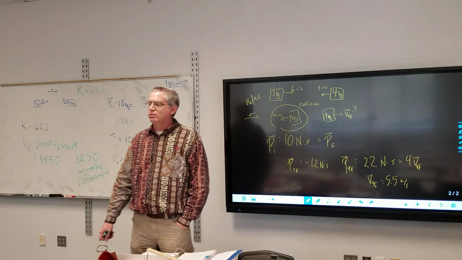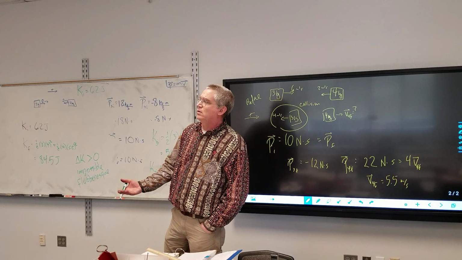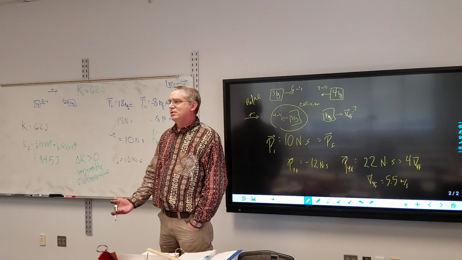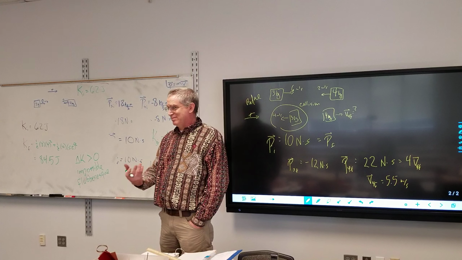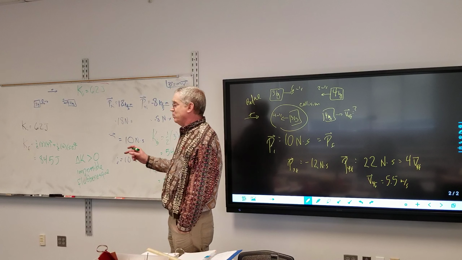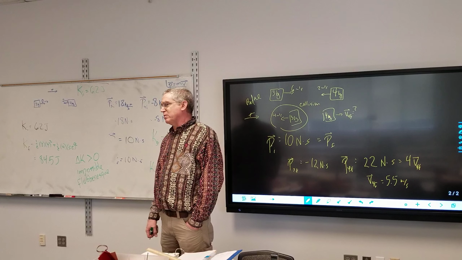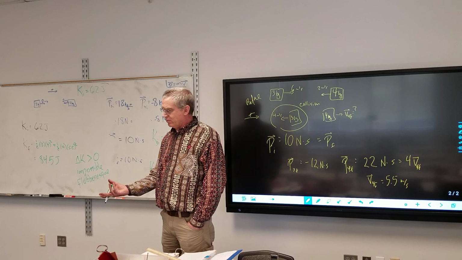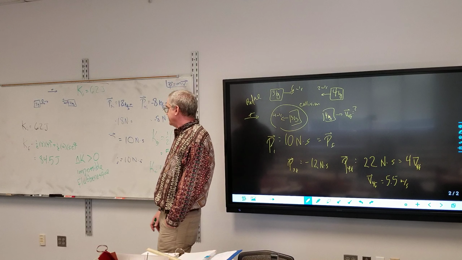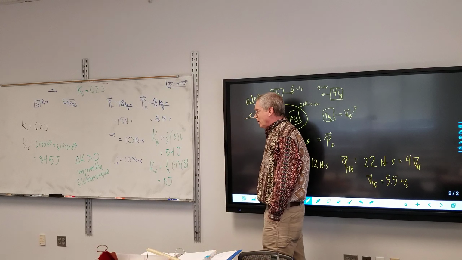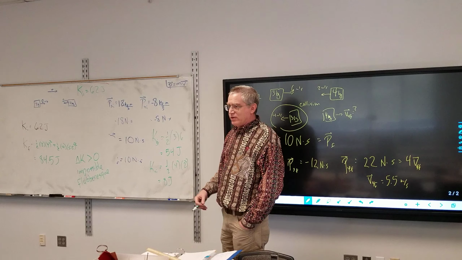I'm assuming that you're familiar with Flubber or The Absent-Minded Professor. I'm getting blank looks here. Flubber was a movie starring Robin Williams. The Absent-Minded Professor, the original, starred Fred MacMurray, and there was another version of it that had Harry Anderson as the lead. It's a material that, as you bounce it, it gets faster.